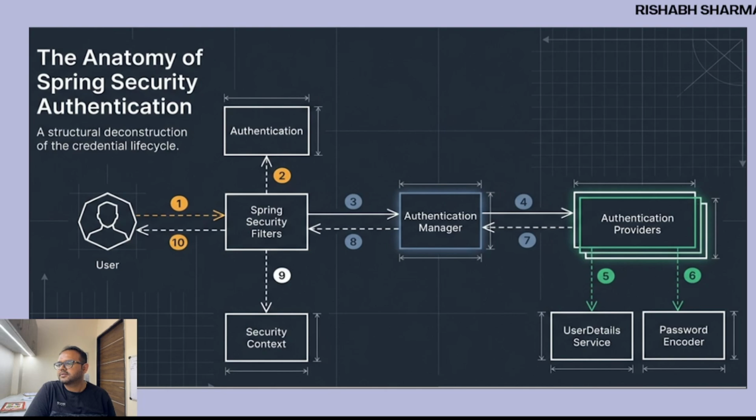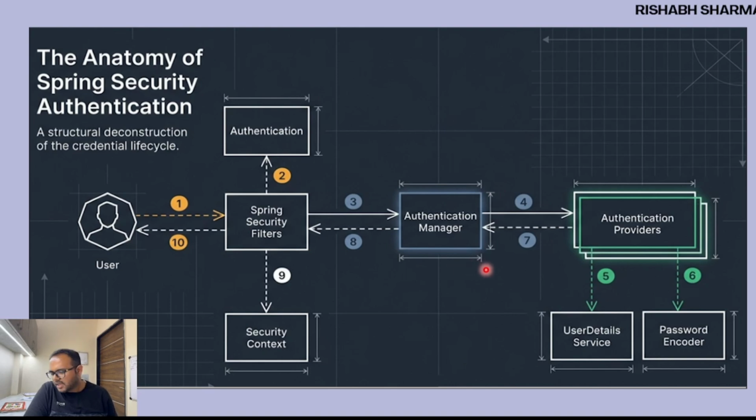Now the authentication object is sent to the authentication manager. The authentication manager is nothing but a manager which delegates the authentication process to the next stages, and it manages all your authentication.